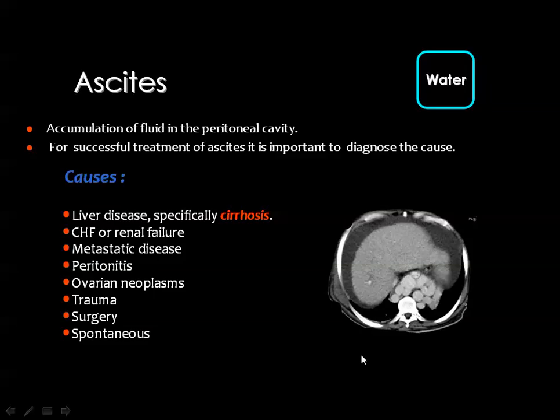Then ascites is accumulation of fluid in the peritoneal cavity, and you know that there are a lot of causes for this collection of fluid, and one of the commonest causes is liver cirrhosis, and of course renal failure, metastatic disease, peritoneal infections, ovarian neoplasms, trauma, surgery, and sometimes it is spontaneous.